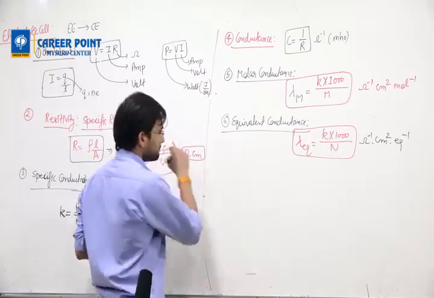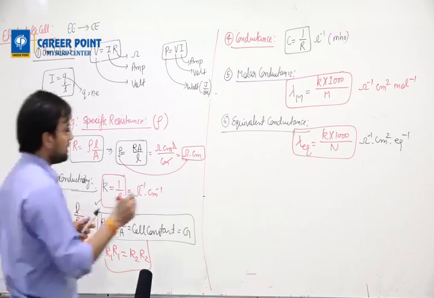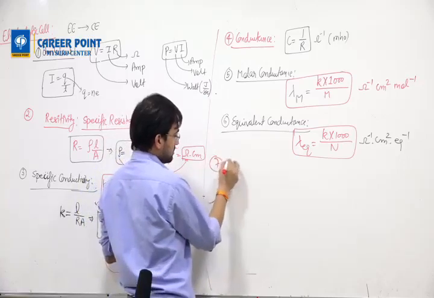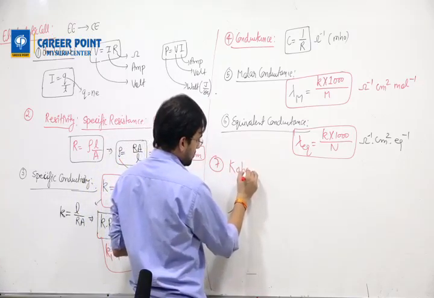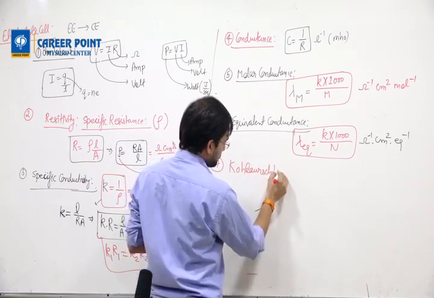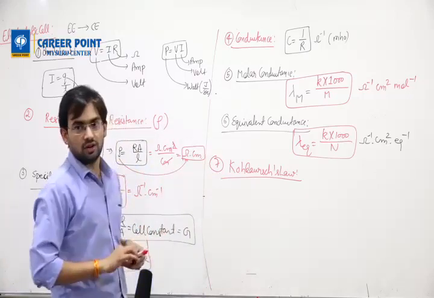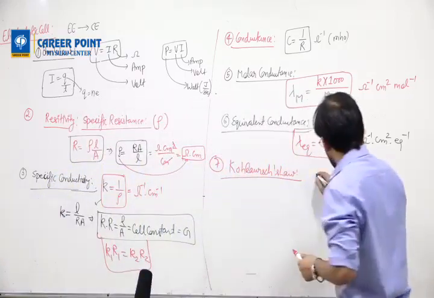Okay. Once we have equivalent conductance, then we have seventh as Kohlrausch's law. Kohlrausch's law says what?